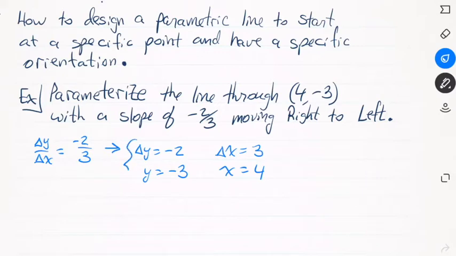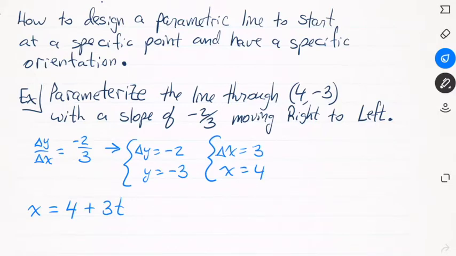So I kind of associate the x's with the x's and the y's with the y's. So if I'm going to write my parametric equation, my x-coordinate with a parameter of t is going to be starting at 4, for sure, and then I'm going to add on 3t. Now the 3t represents the change in x.